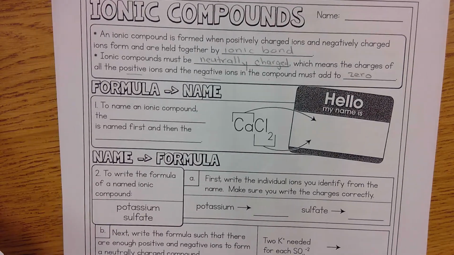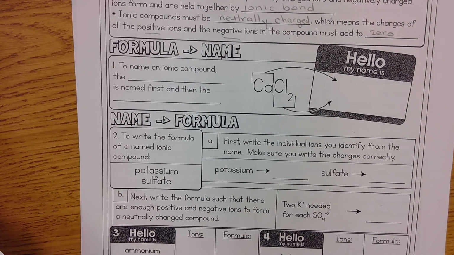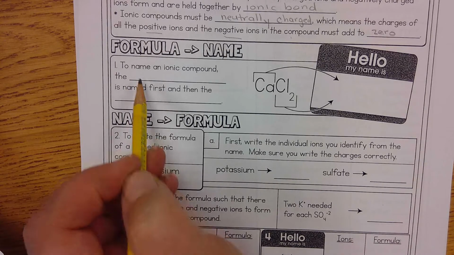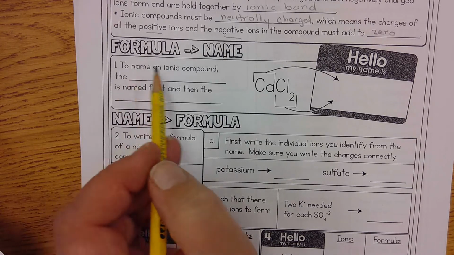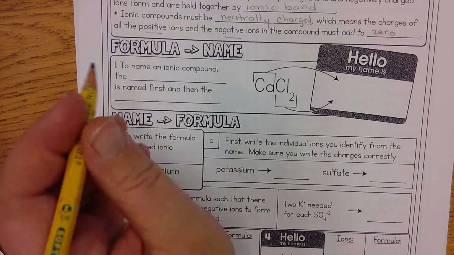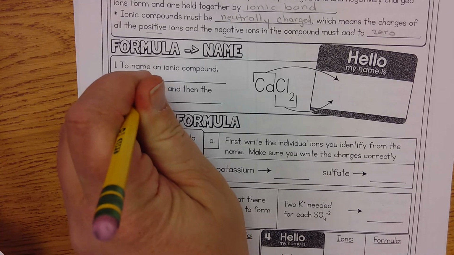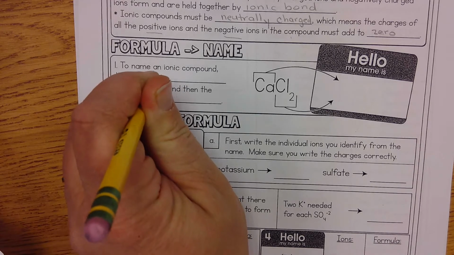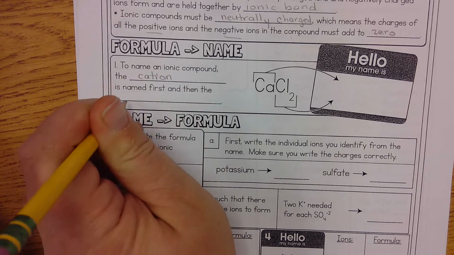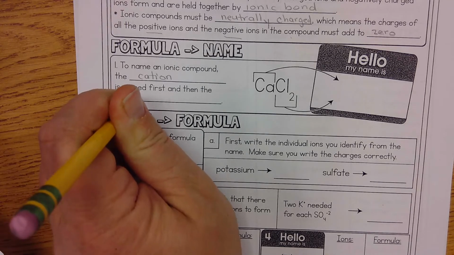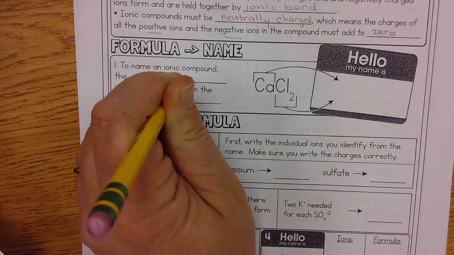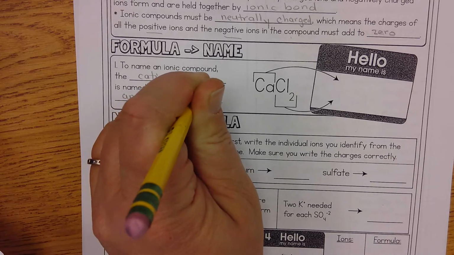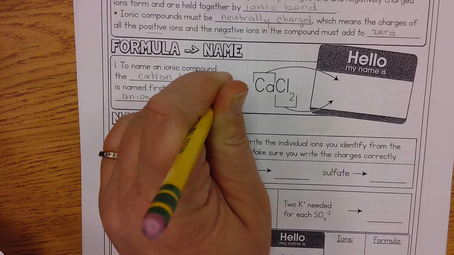Ionic compounds are fairly easy to name if you know the formula. It's basically just a two-step process. To name an ionic compound, the cation, that positive ion, is named first. And then the anion, which is the negatively charged one. So we'll write that in here. This is the positive one, goes first.